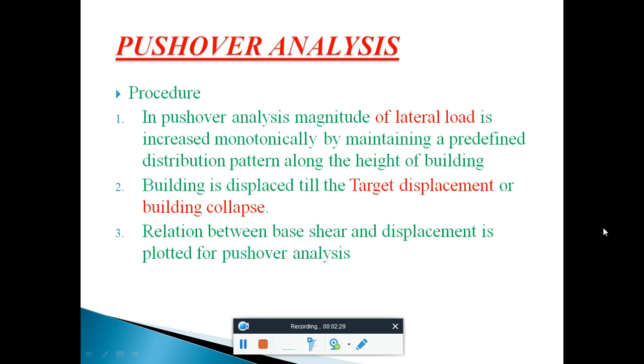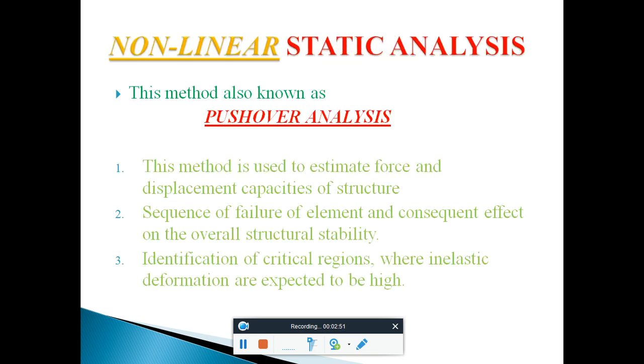So what we do in pushover analysis, we apply lateral load and increase it monotonically. That means we increase the lateral load on the building step by step till the target displacement or building collapse. So we get the sequence of failure of elements and their effect on overall structural stability.